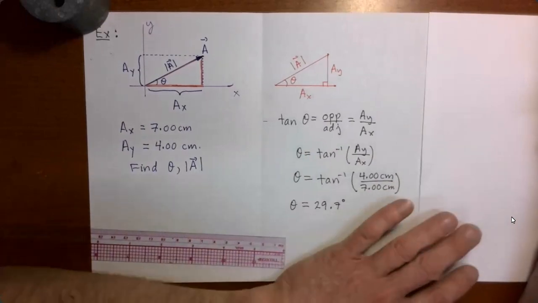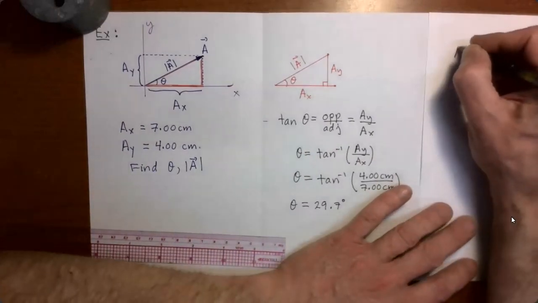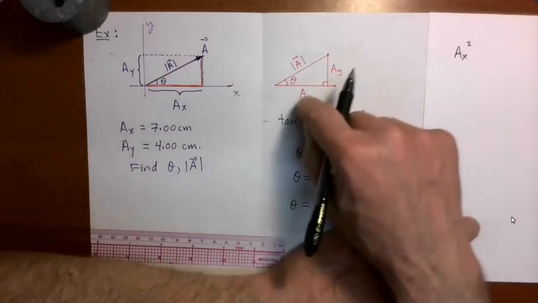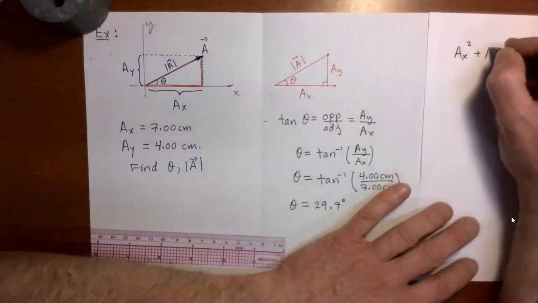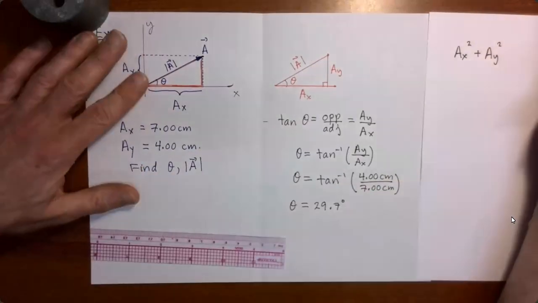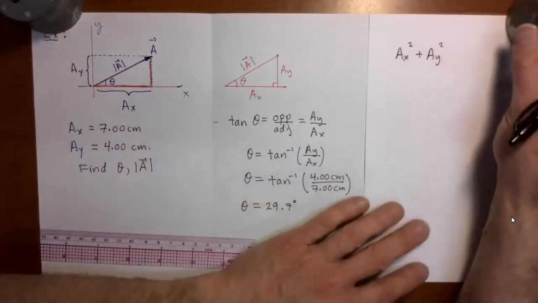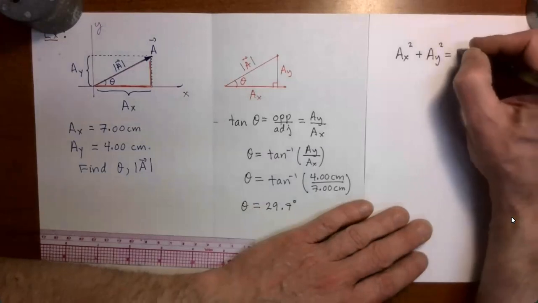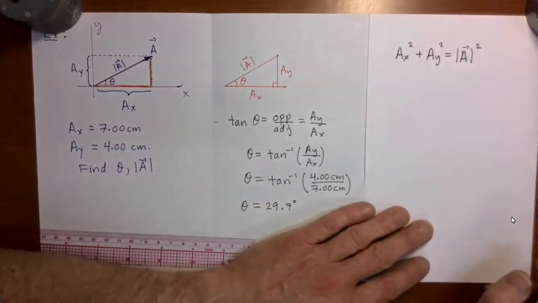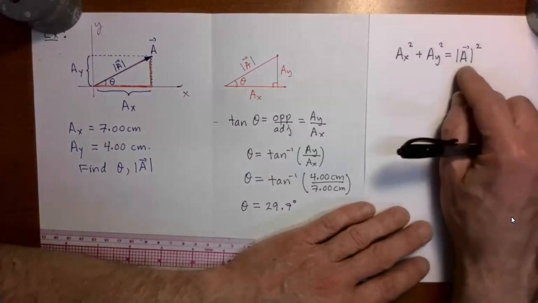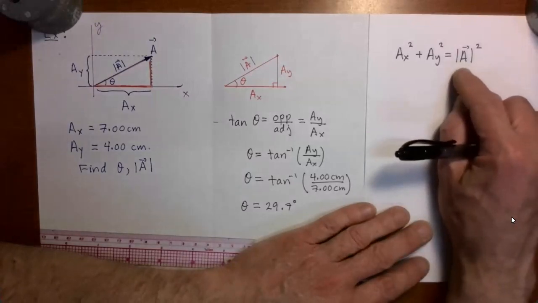So we can use the Pythagorean theorem, which says that the square of one leg, here Ax squared, plus the square of the other leg, here Ay squared, equals the hypotenuse squared. Okay, so from here, we can solve for the magnitude of the vector.